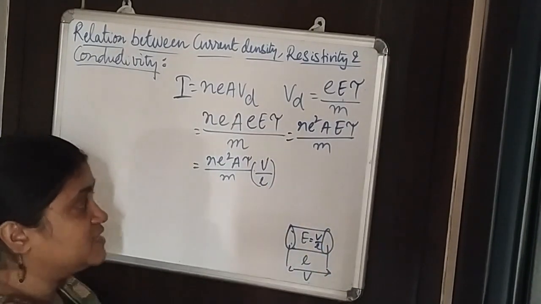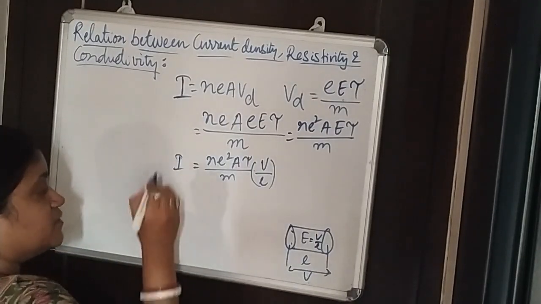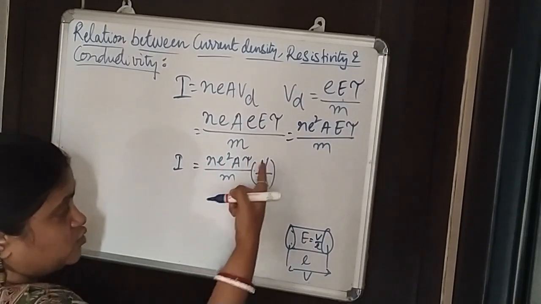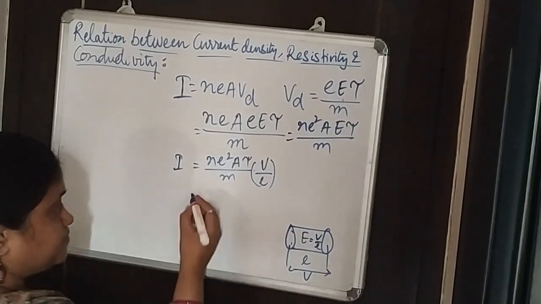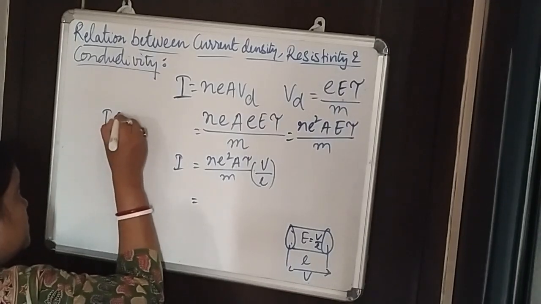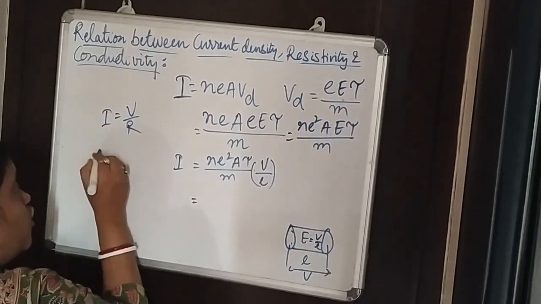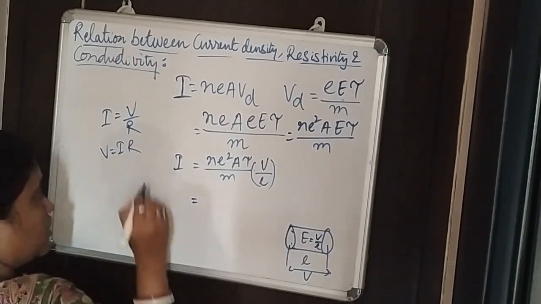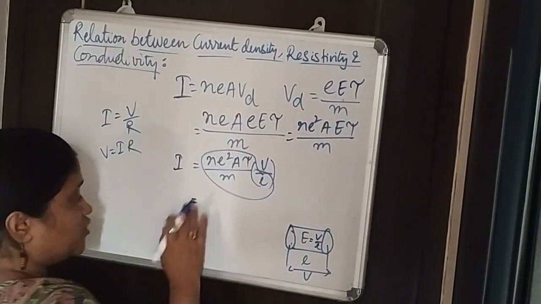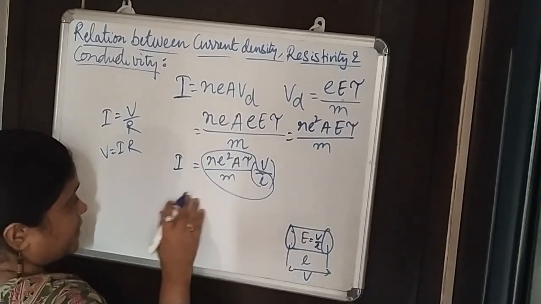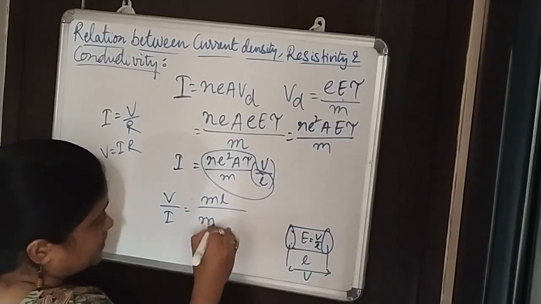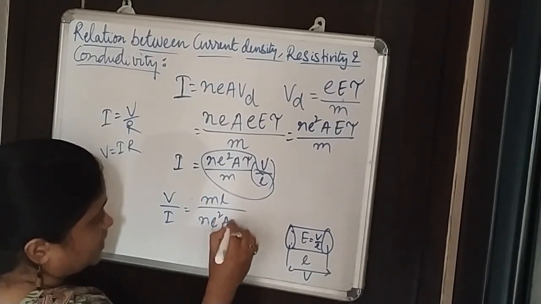So substituting back into the expression, we get the current as n e square A tau by m into V by L. Now we know from Ohm's law, I equals V by R, or V equals I into R. Therefore, this whole expression is the expression for 1 by R, or we can write it another way, that V by I is m L by n e square A tau.